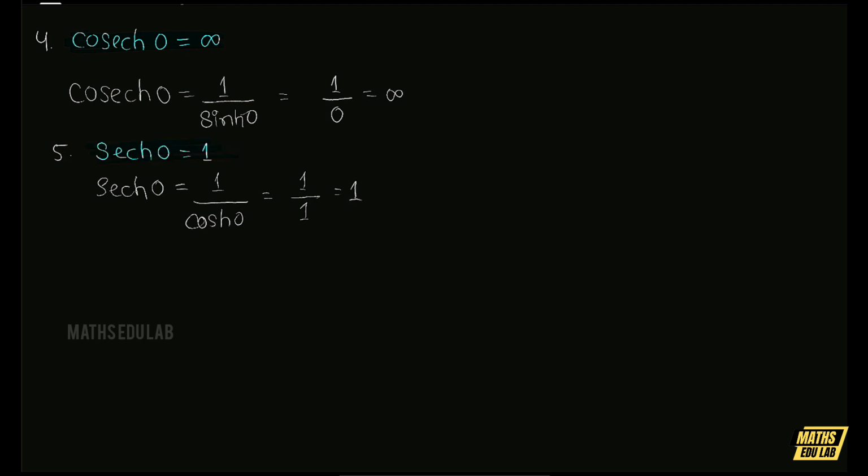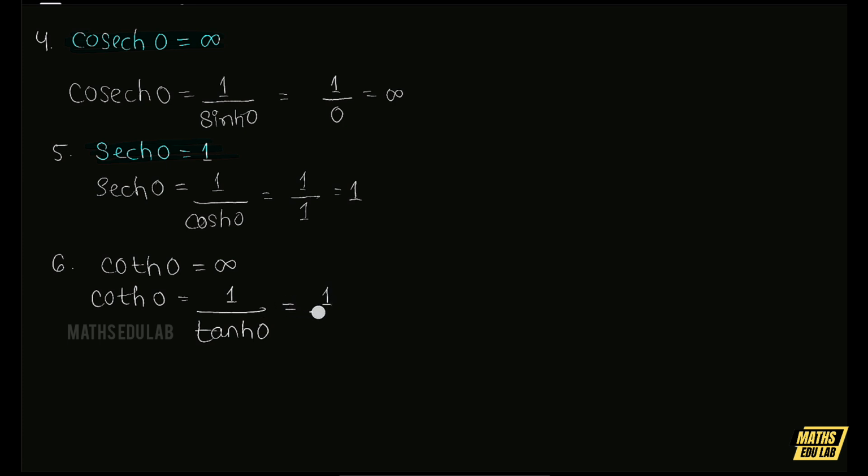Now let's go for the sixth result. That means coth hyperbolic 0 is equal to infinite. That means coth hyperbolic 0 is equal to 1 upon tan hyperbolic 0. Also we can use cos hyperbolic 0 upon sine hyperbolic 0, but I am using the reciprocal value.